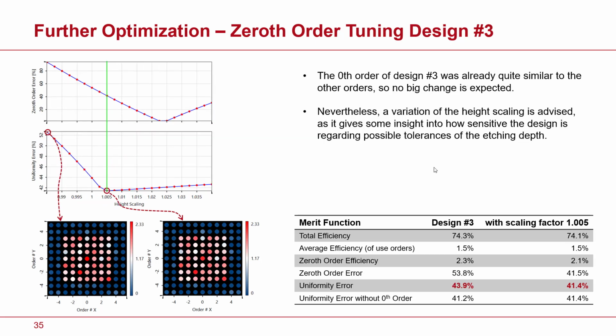And design number 3 was the one that also initially had a 0th order that wasn't that dissimilar to the efficiency of the other working orders. However, as is explained on the slide, it's also a good idea to perform an analysis of the impact of varying that height scaling, if only as a tolerance analysis, in case fabrication is not able to achieve exactly the height that we have designed for.